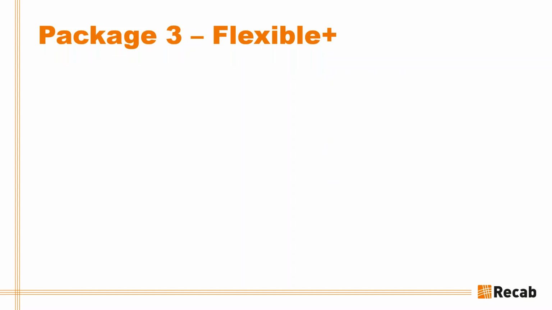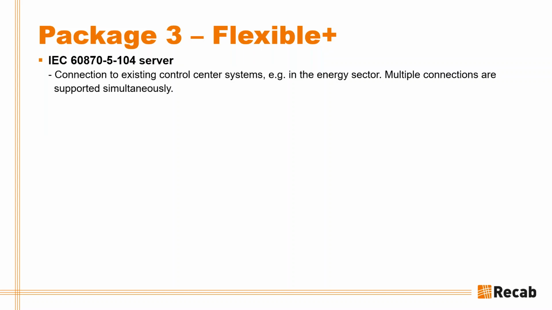And then we have package 3 that includes package 1 and 2. And you also get the 104 server, which is the TCP or Ethernet-based version, mostly used for the energy sector. And here you can have multiple connections supported simultaneously.